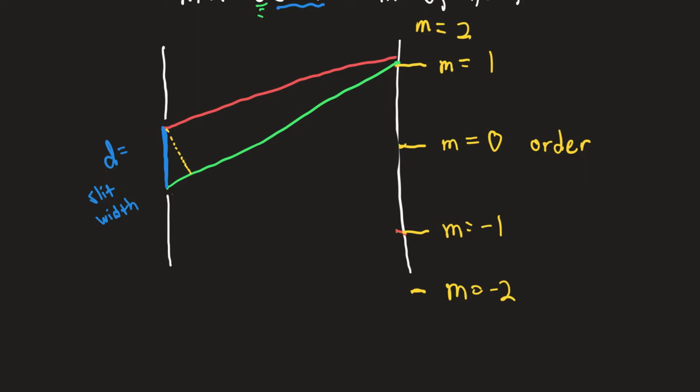So where does this sine theta come into play? Well, theta is going to be the angle up here at the top of this triangle. And that angle theta comes from doing some trigonometry.